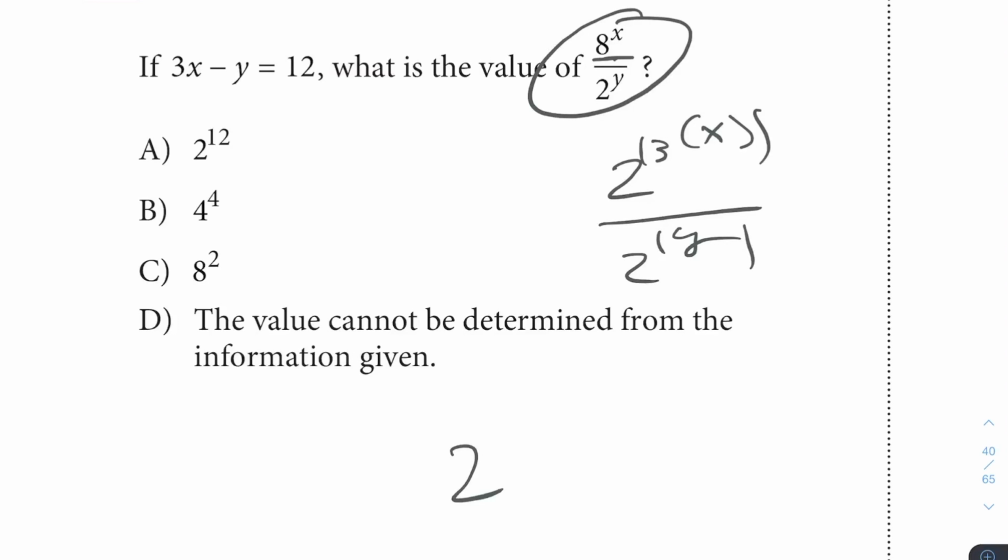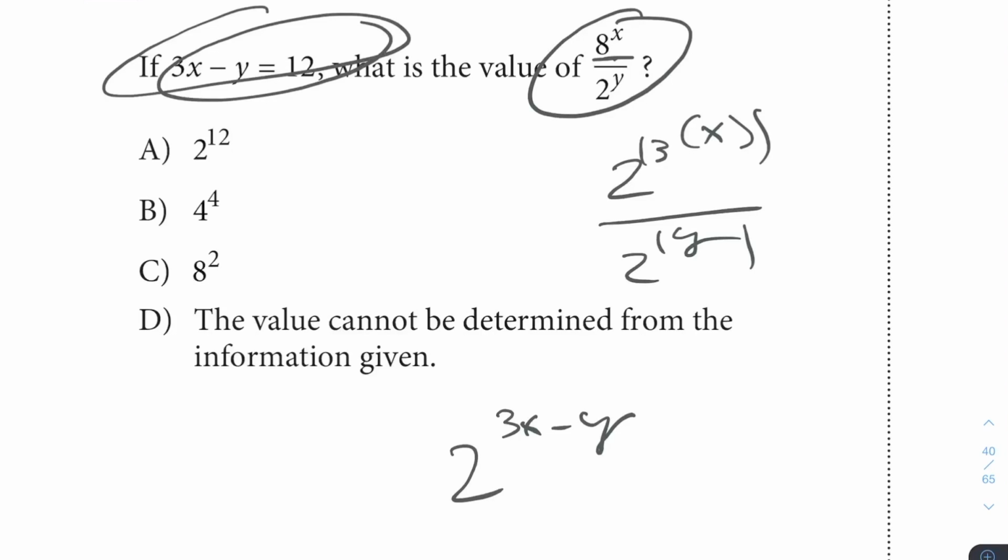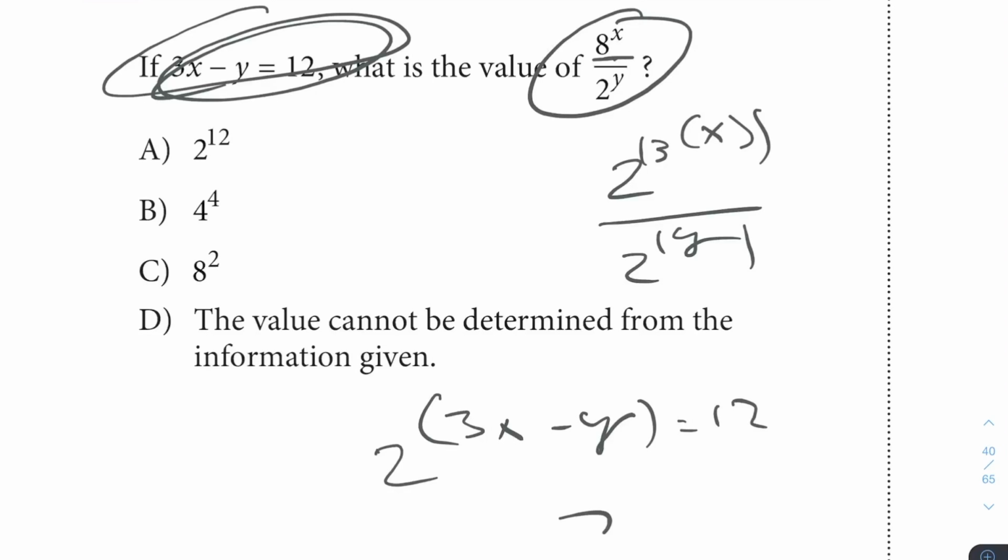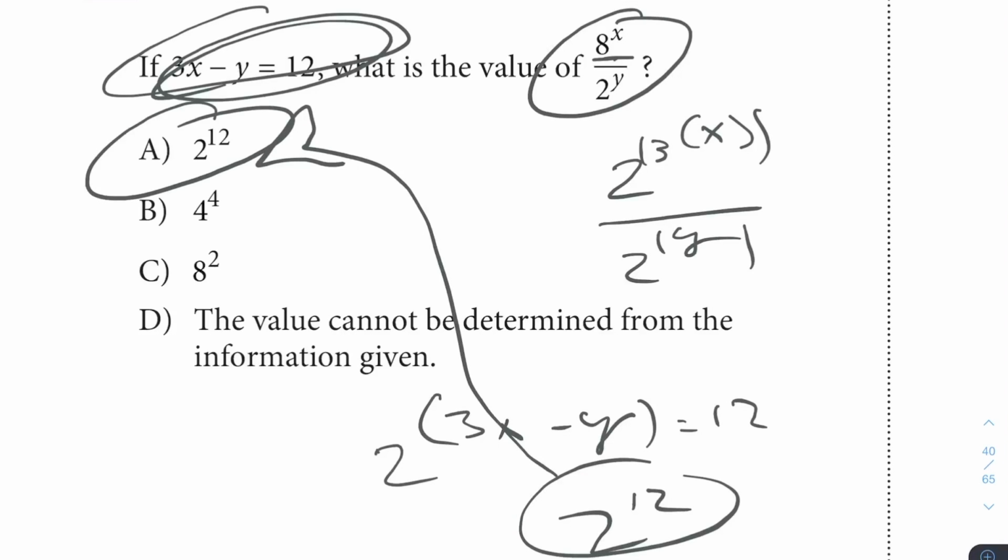So it's going to equal 2 to the 3x minus y. And here it gives us this information, which is always going to be important if they give you information: 3x minus y equals 12. So we know that this equals 12, so we have 2 to the 12, and that's A.